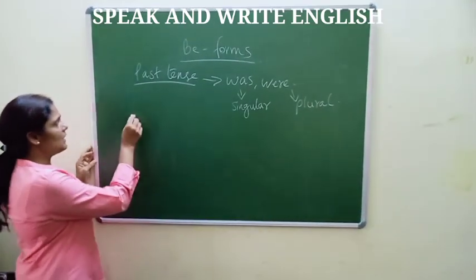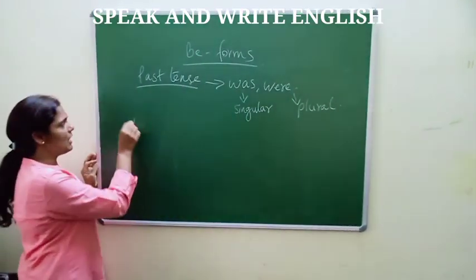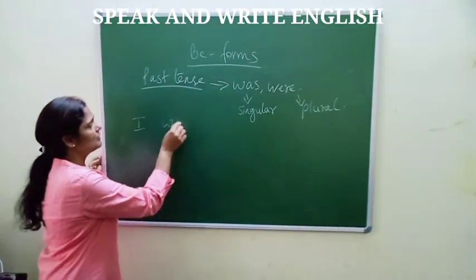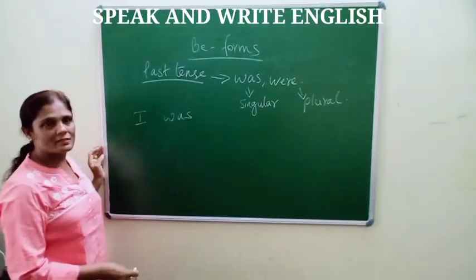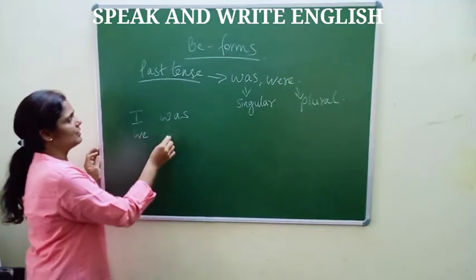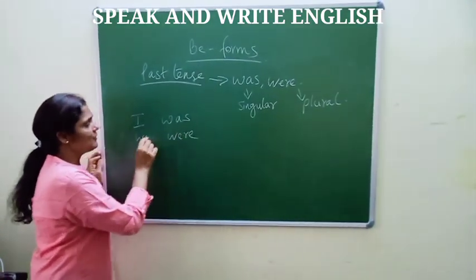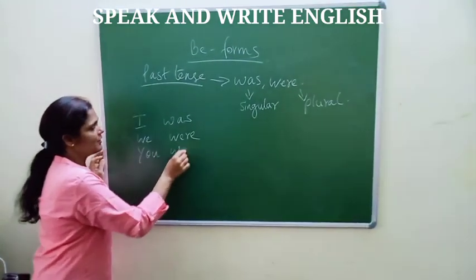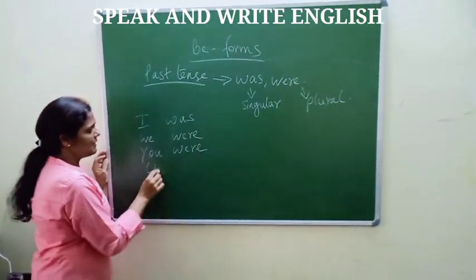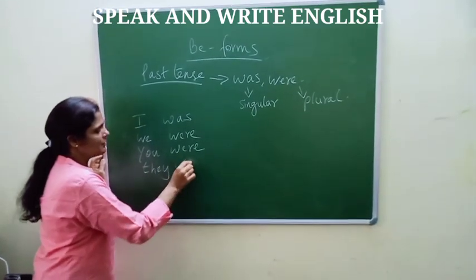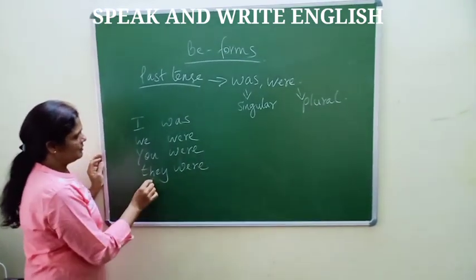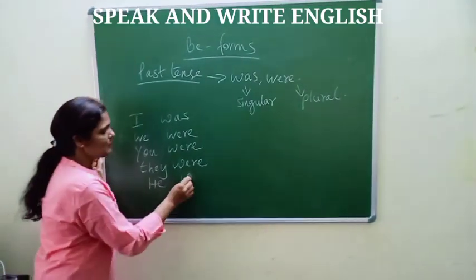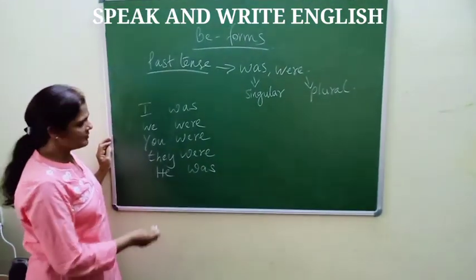For example, when we start with the pronoun I, the pronoun I will have the be form was. We were, because we depict many persons. You were. They were. He talks about a single person, so we make use of the be form was.